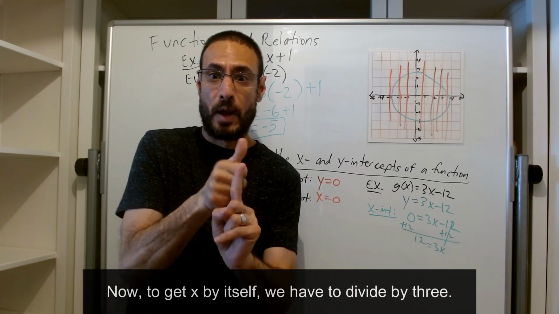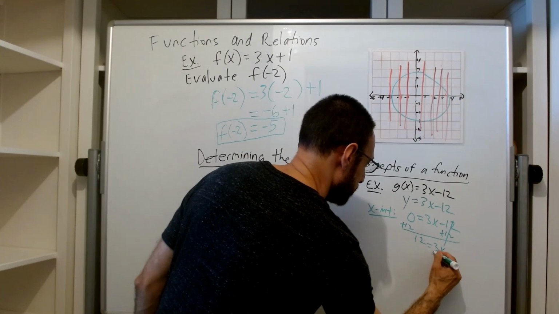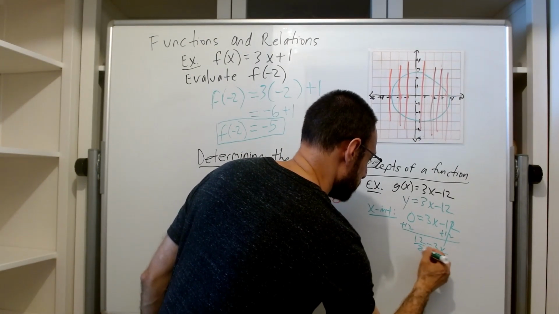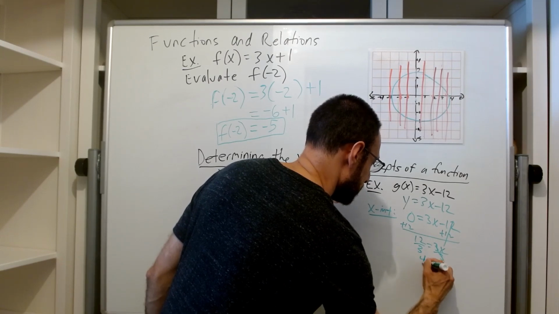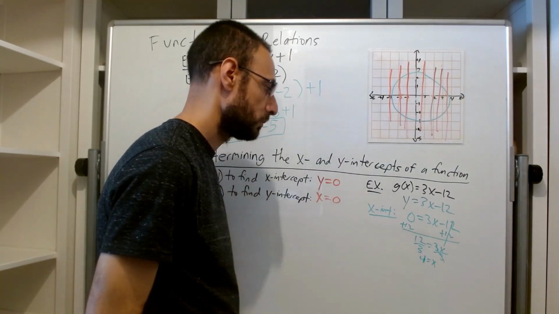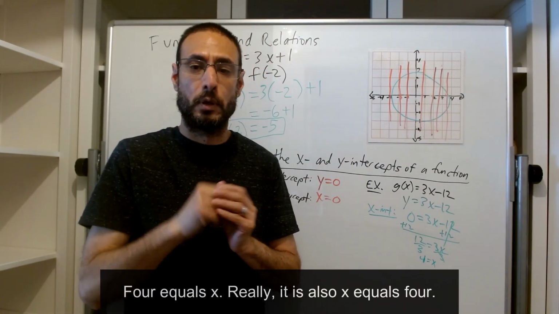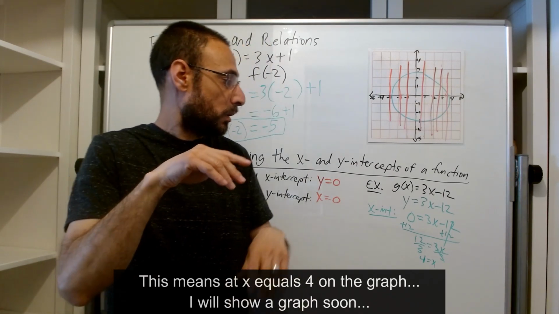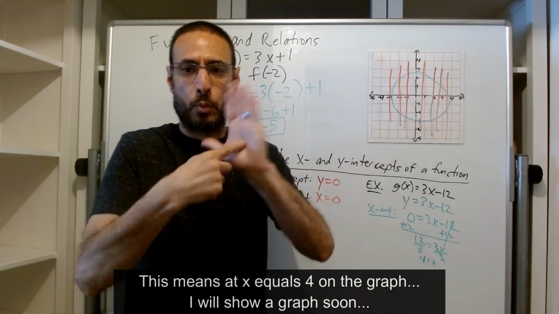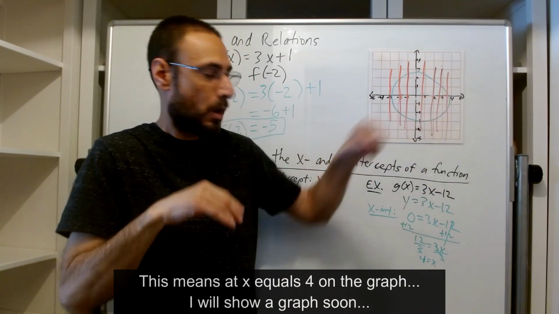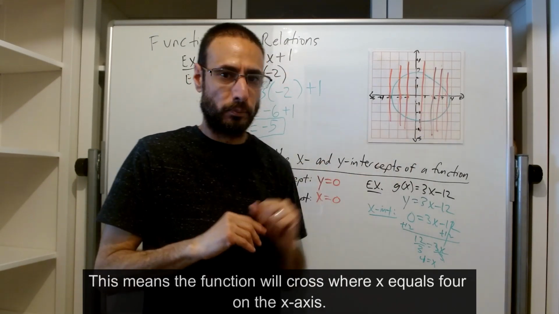Now, to get x by itself, we have to divide by 3. Four equals x. Really, it is also x equals 4. This means that x equals 4 on the graph. I will show a graph soon. This means the function will cross where x equals 4 on the x-axis.